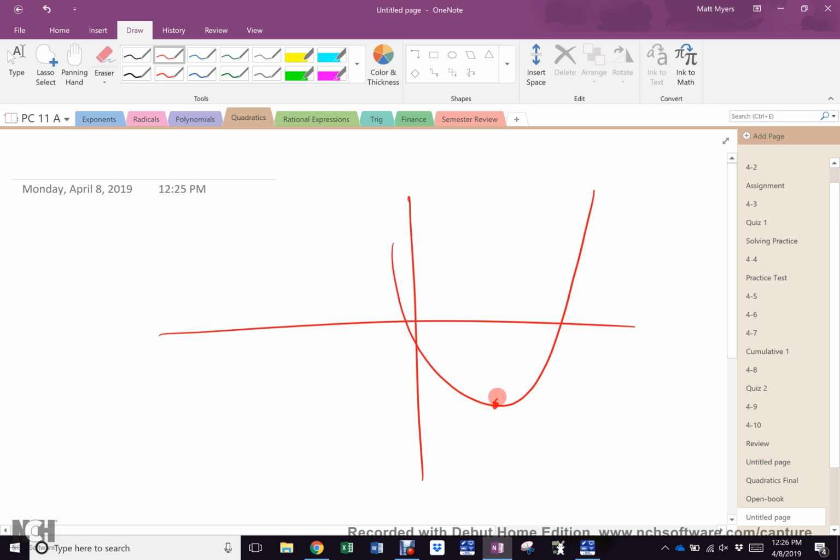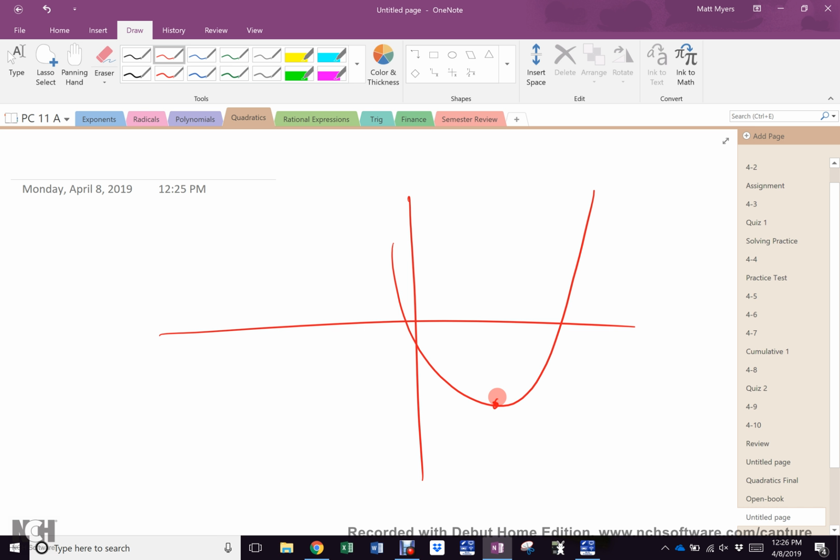No, even if you've got the vertex right. Everybody cool? So I need at least the vertex, and it would be nice to have the second point, the second 2 points away, or the vertex and the y-intercept would be helpful too.